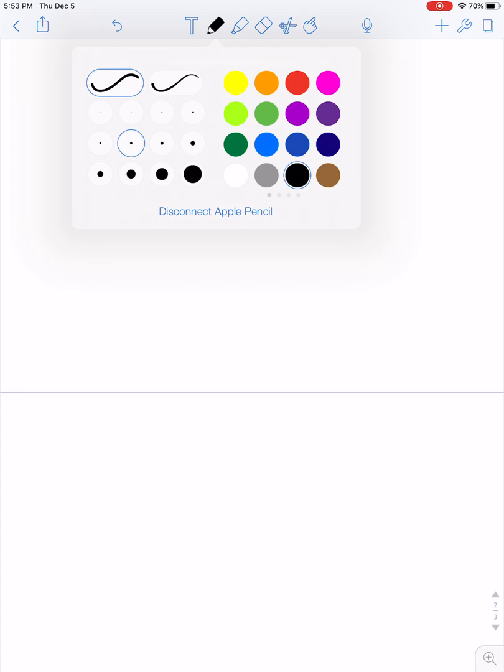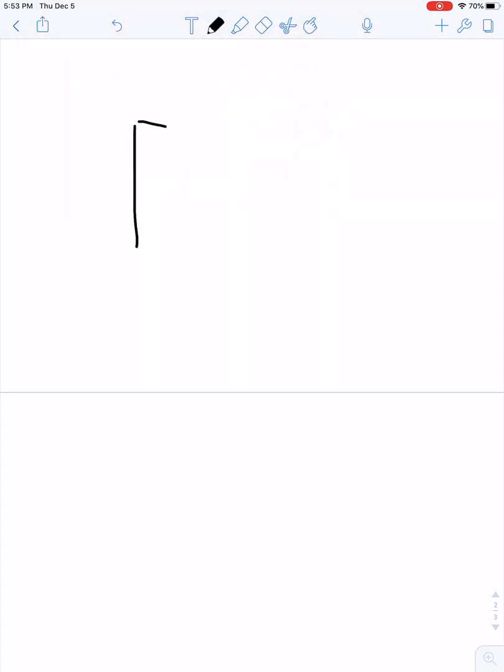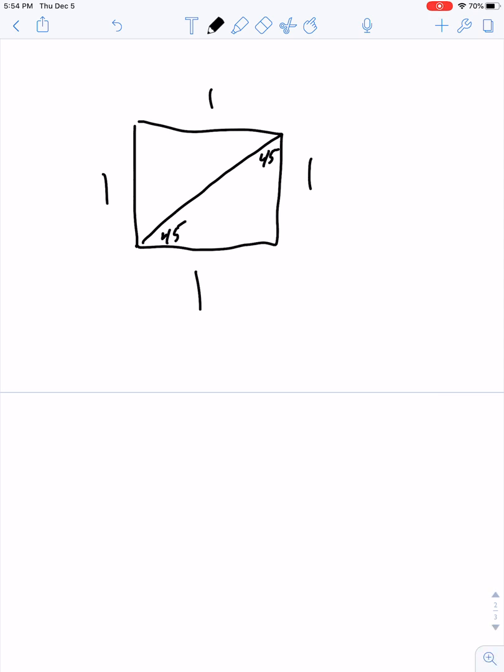All right, so that's if we're working with our 30, 60, 90 triangle. We also have something called a 45, 45, 90 triangle, which of course we're going to derive instead of me just giving it to you. We're going to draw a square with sides of 1. Now we draw a diagonal, which, since it is a square, bisects it perfectly, so these angles are 45.